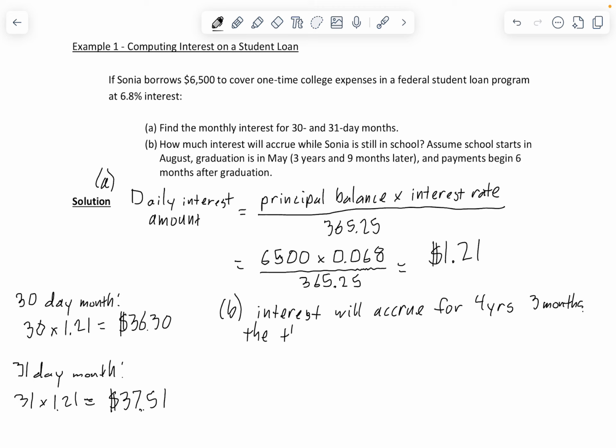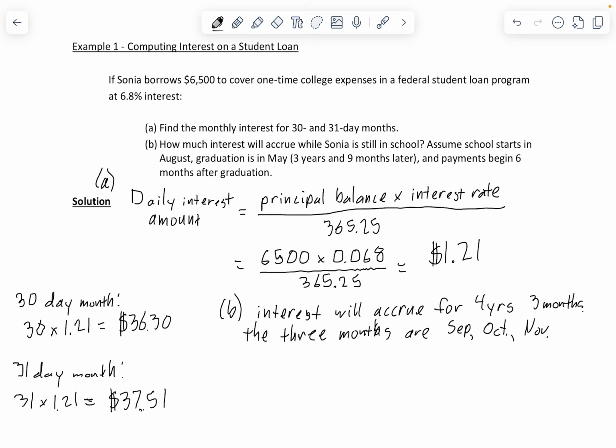The 3 months are September, October, and November. So that means we have 2 30-day months and 1 31-day month.